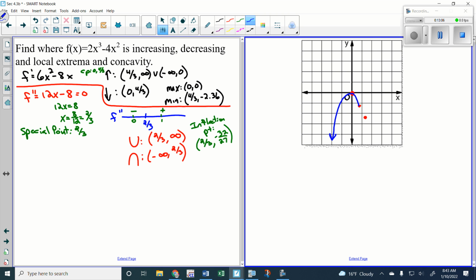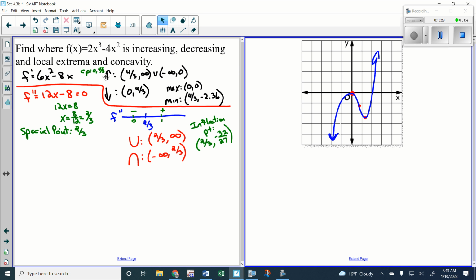So you get to that. Here it's decreasing and then increasing, but it's concave up. Like that. So besides just increasing and decreasing, we now also know the concavity.